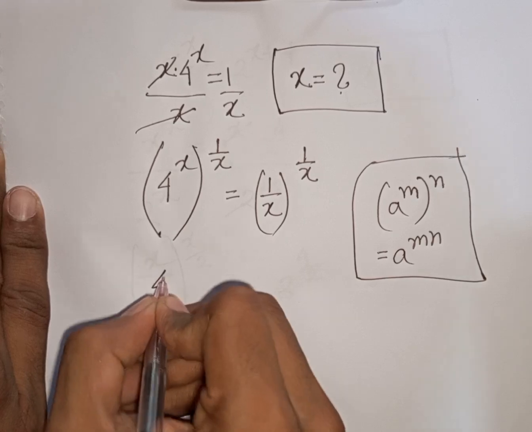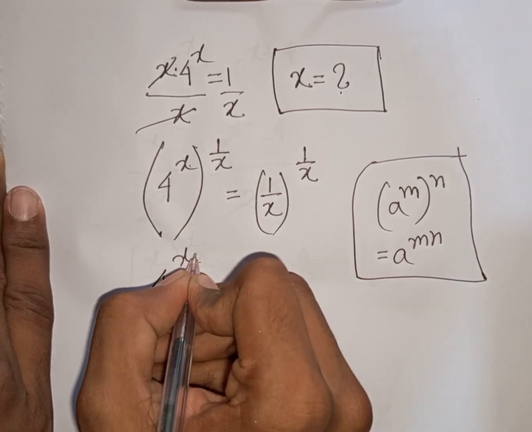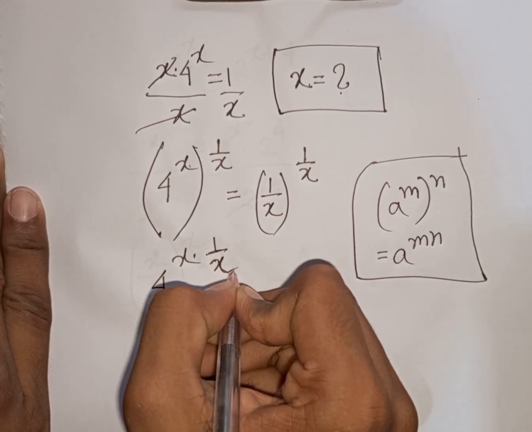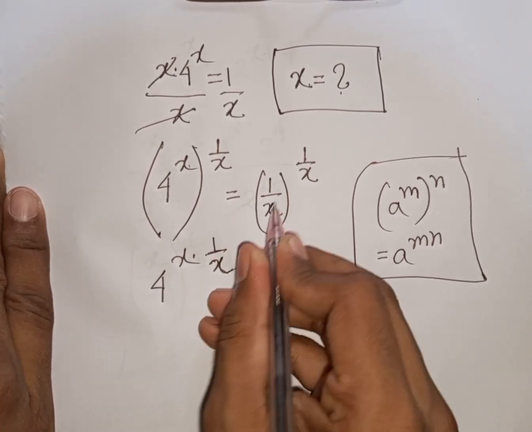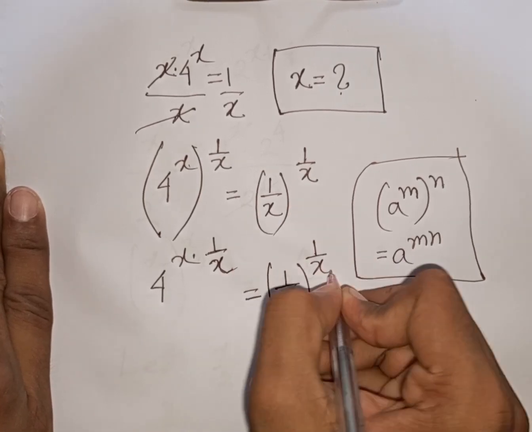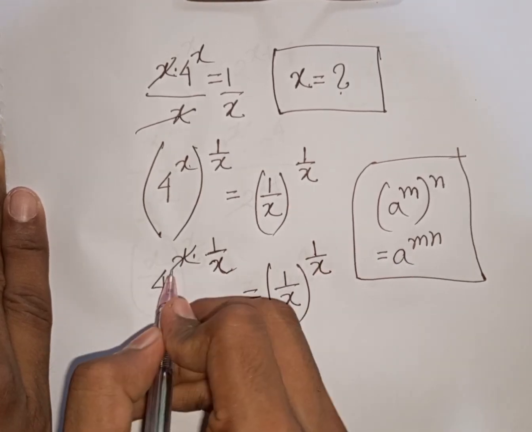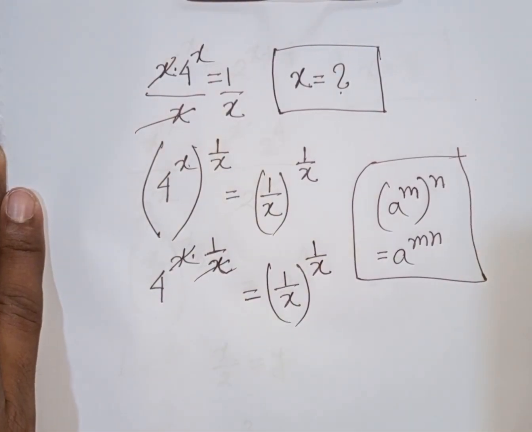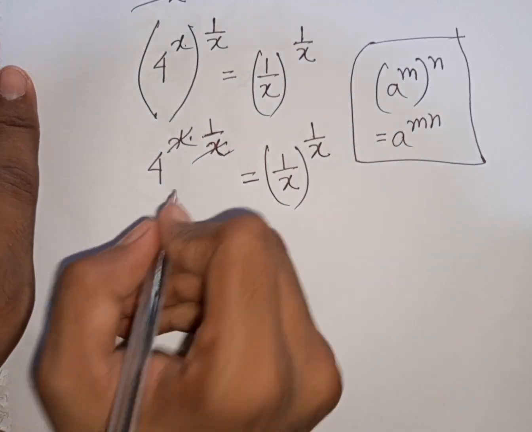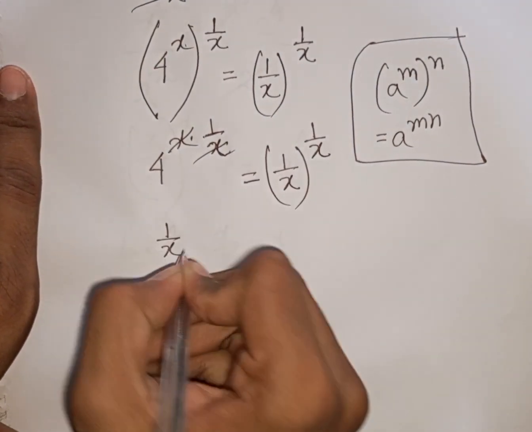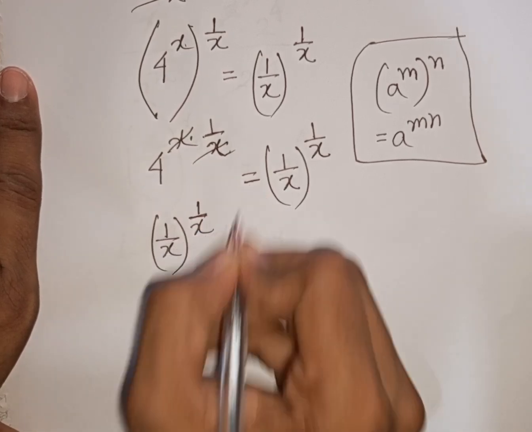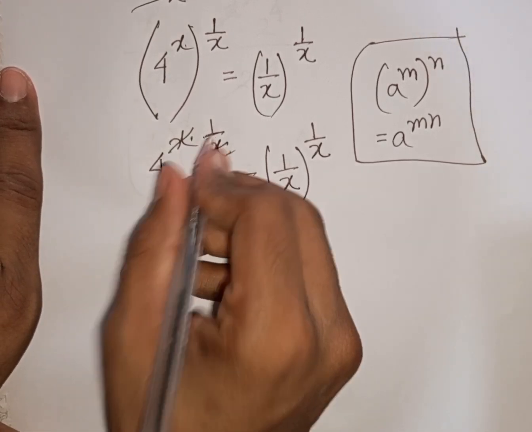So it will be 4 power of x times 1 by x, is equal to (1/x)^(1/x). Now this x will be cancelled. So I have (1/x)^(1/x) is equal to 4 power 1, which is the same as 4.